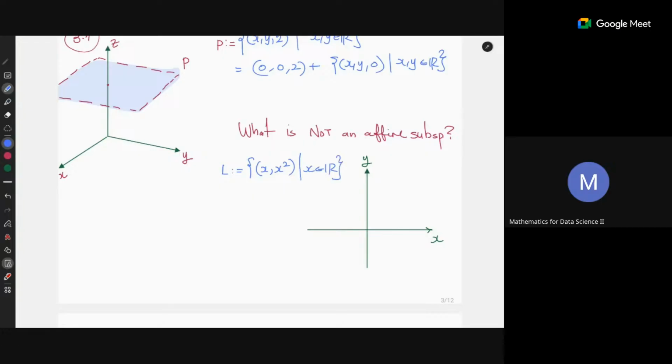How is this subset going to look? The subset is going to look like this, right? It will pass through the origin. Yeah, this is how it's going to look. All right. Now the question is, is it an affine subspace?